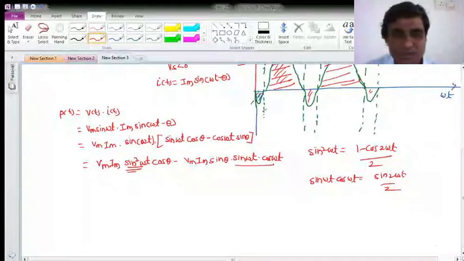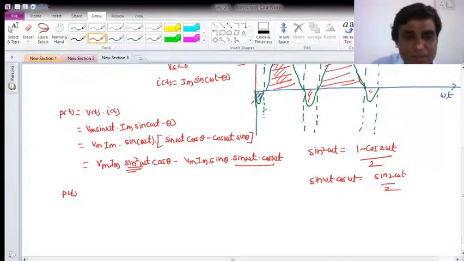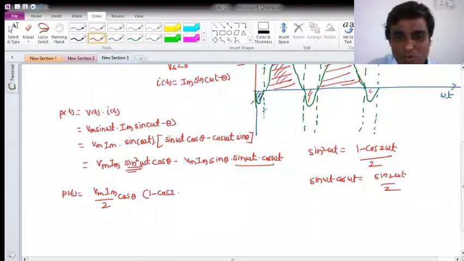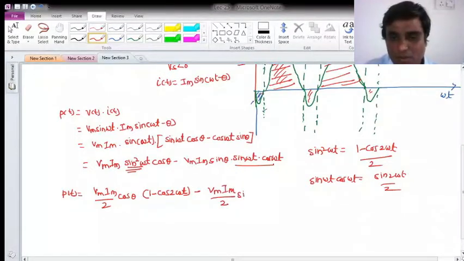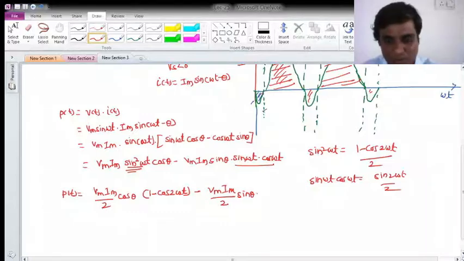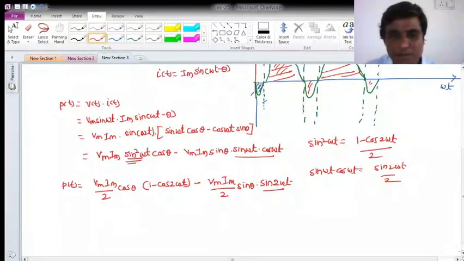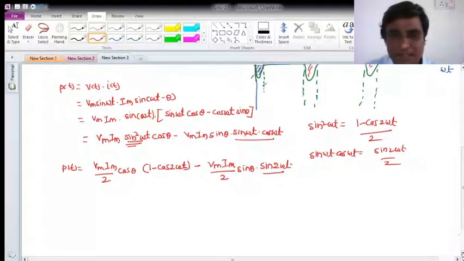So my instantaneous power will be Vm Im by 2 cos theta into (1 minus cos 2 omega t), minus Vm Im by 2 into sin theta, and sin omega t cos omega t comes out to be sin 2 omega t. Now this is a very interesting equation.